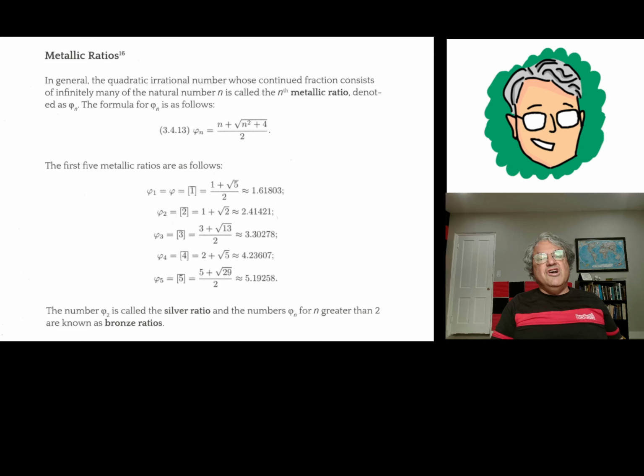I just list what they are and also their approximate decimal values. So the first one, phi, the golden ratio, is 1 plus square root of 5 over 2, which is approximately 1.61803. The second one, and by the way, I think the first 4 of these all have names. The first one's called the golden ratio.